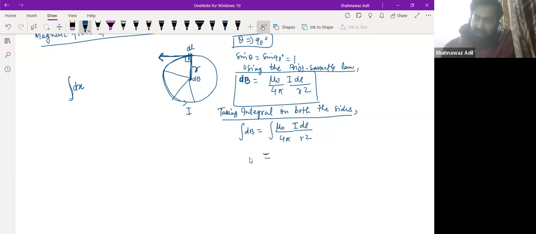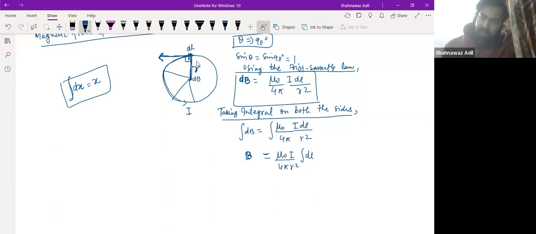What is the integral of dB? That would be full B, because the integral of dx is x, right? So this would be the full magnetic field, and that would be mu naught by 4 pi r square, that is taken outside. I is also taken outside, and then dl. So this small length that we have taken, dl, if you integrate this dl, how much will you get?